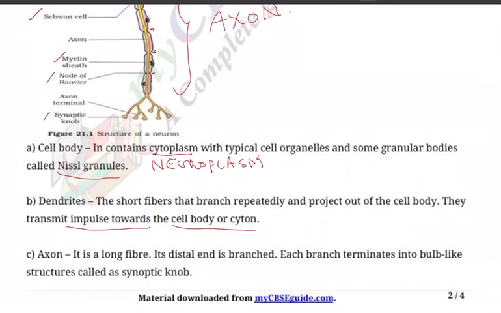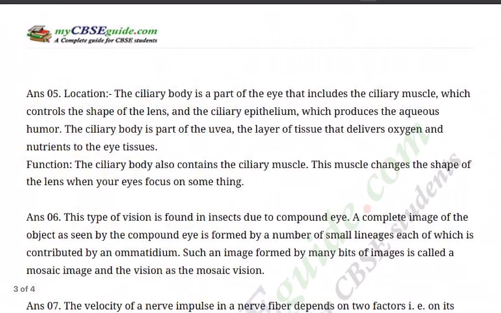Now, the axon is a long fiber. That's what I said. The extended dendrite is an axon. Its distal end is branched. Each branch terminates into bulb-like structures called the synaptic knob, as you are seeing this one, right?